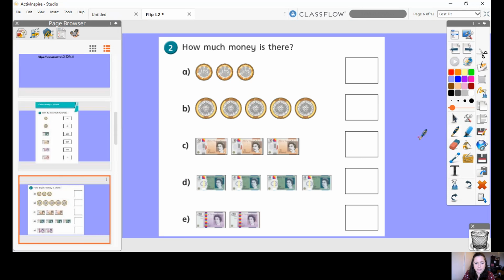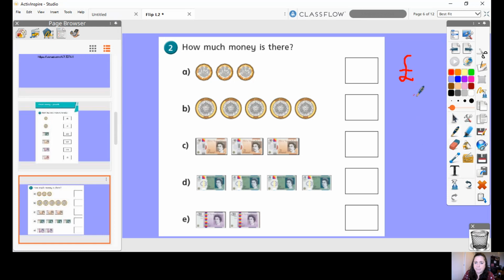Right, the next one, we've just got to add up here some notes and some coins, and these are all pounds. So when we record it, we're going to record it using the pound symbol, which is very tricky to do. Now, when we're recording the pound symbol, it goes before the numerals, which is very, very confusing.